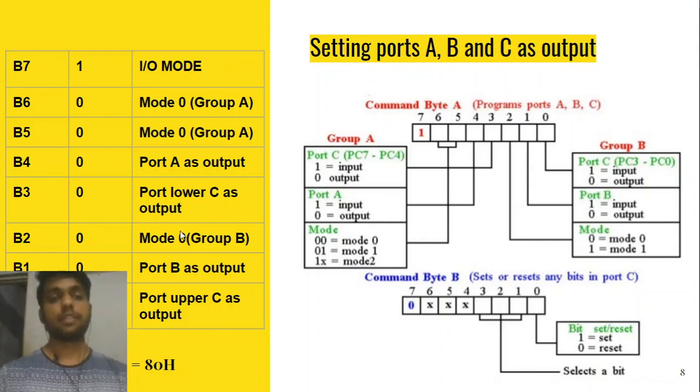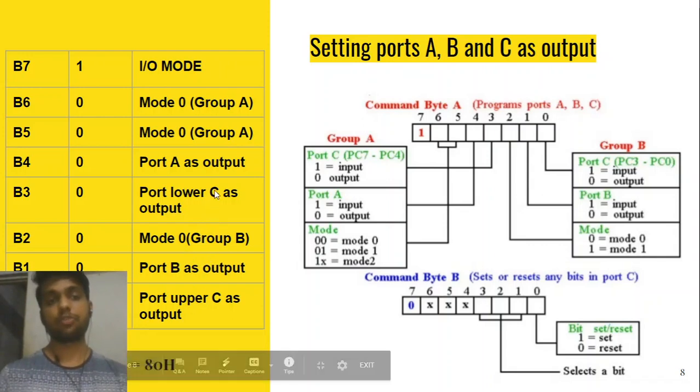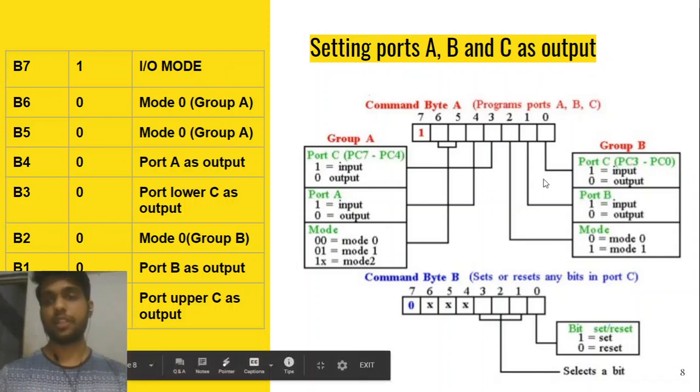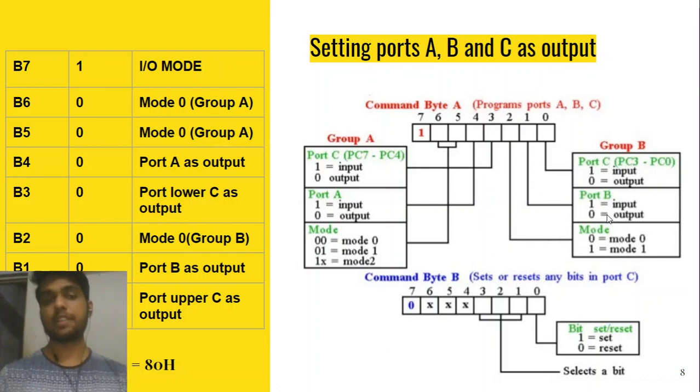Again, other ports like port B and port C upper are also in the output mode, so they both have zeros accordingly, and group B is also in mode 0, so that B2 is also 0.